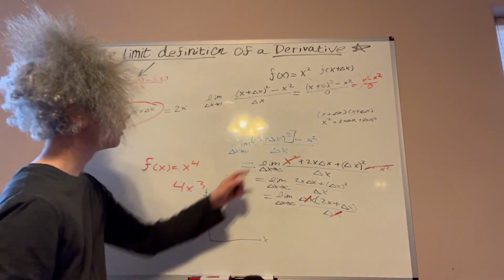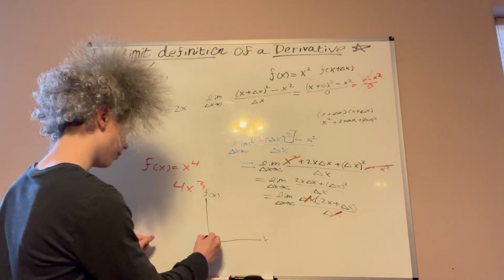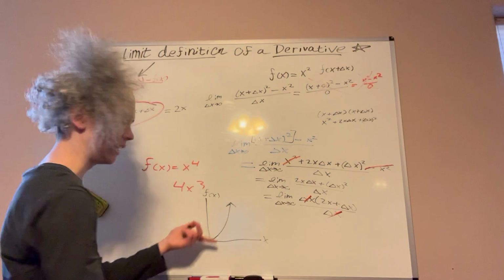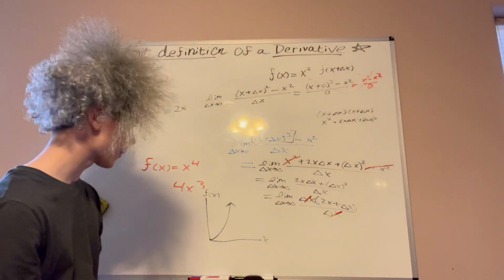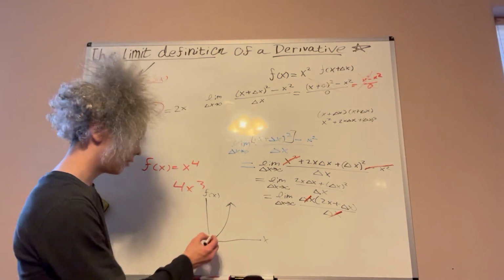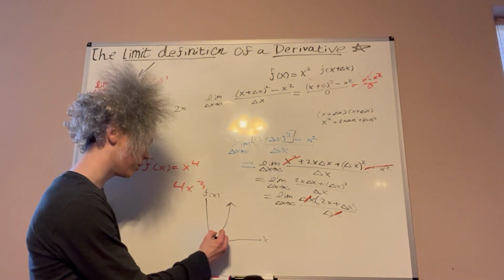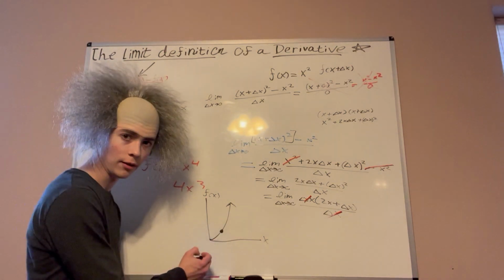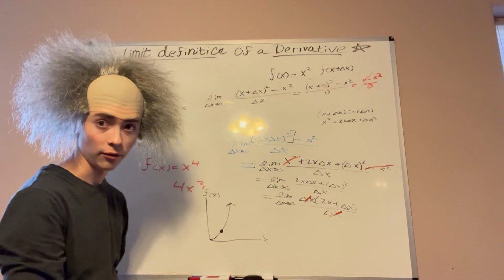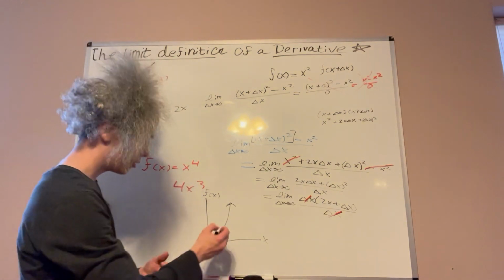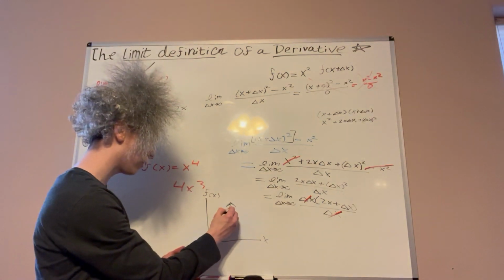Ooh, here. I'll even show you what we just did. This would be like the right side of that function, right? What I did is, and I'll pick points, because we're not picking any ordered pairs in our limit definition of derivative problems, but just to make this a bit easier, I'll pick some points.